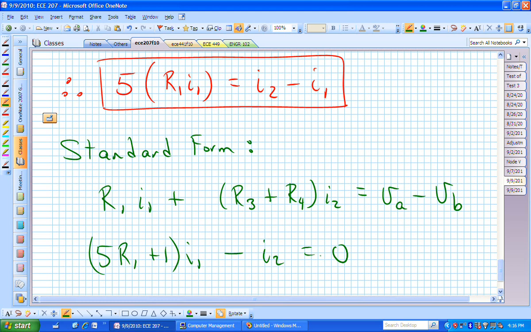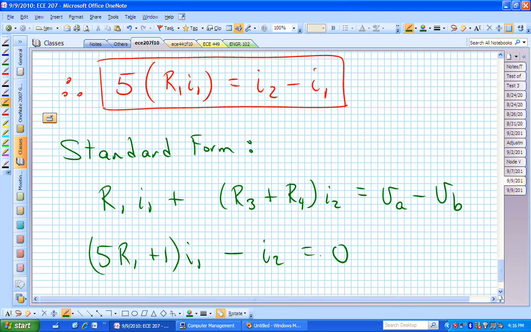Questions on that? Yeah. If you have labeled in our circuit V sub 1 is across the resistor, so if we know that to start with, can't we just plug in R sub 1, I sub 1 where our current source is right there?